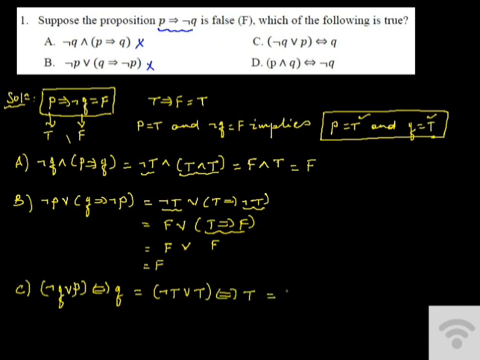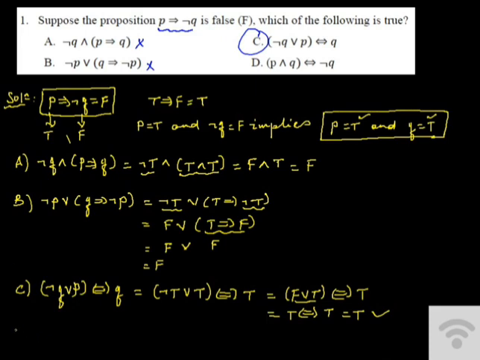So this is false or true, implies true. False or true is true. True implies true is true. So the compound proposition in C is a true statement. So we expect our answer to be C.